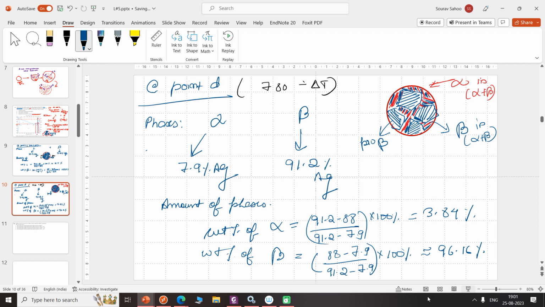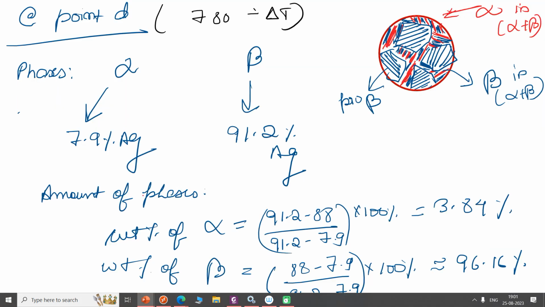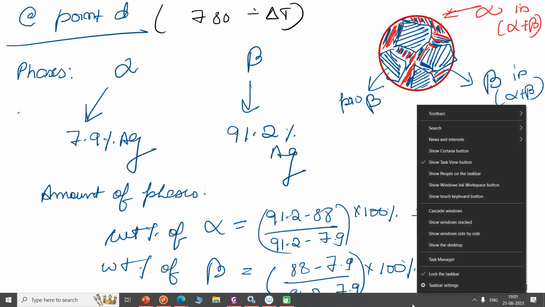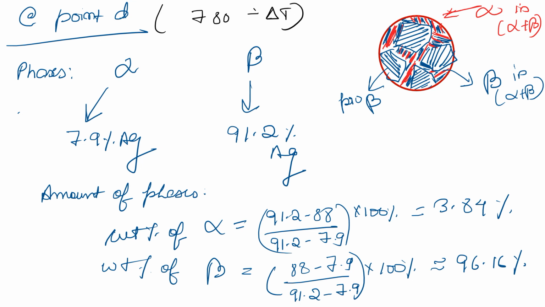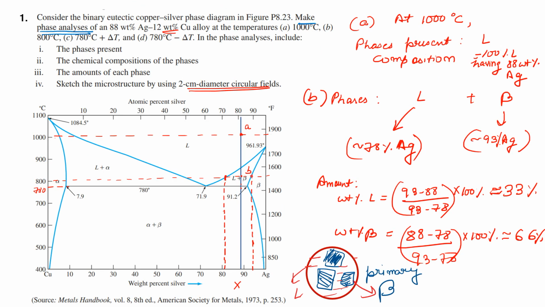Okay, it's important to note that we have been asked the composition of alpha and beta in terms of the actual contents of alpha and beta. If we had been asked to find the percentage in terms of alpha and the alpha plus beta mixture, what we would have done instead is draw a perpendicular line from the eutectic point like this, and take this as the alpha plus beta boundary.